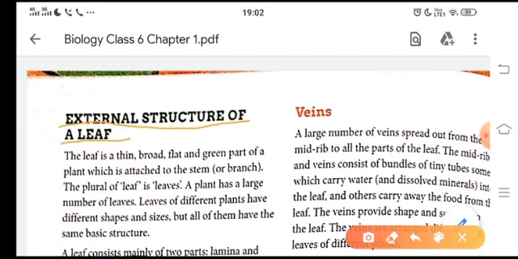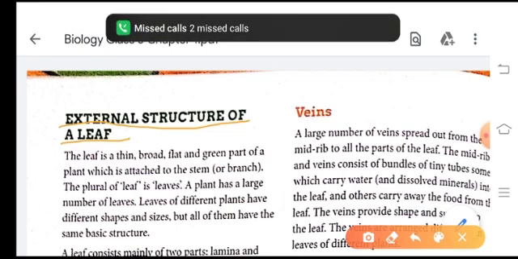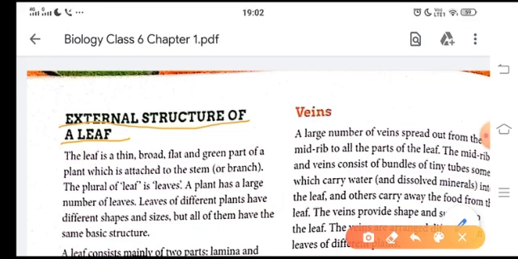So basically all the leaves have a common structure. They are thin, broad, and green in color. They have a stalk which makes the leaf attached to the main stem of the plant.